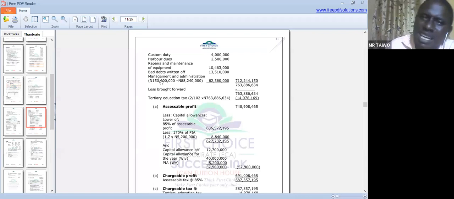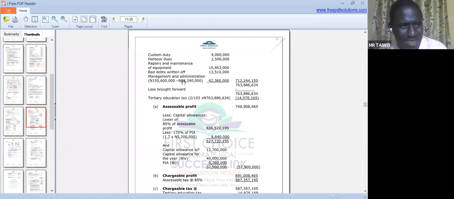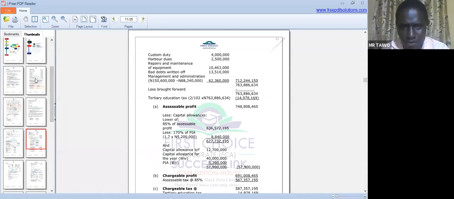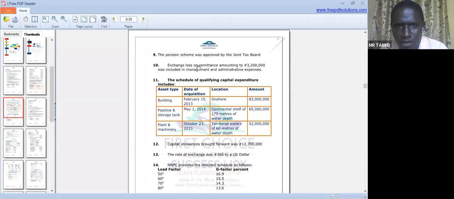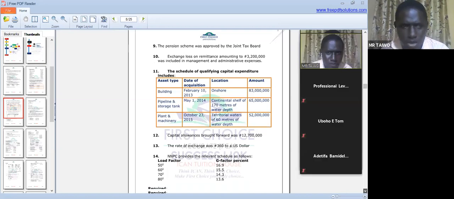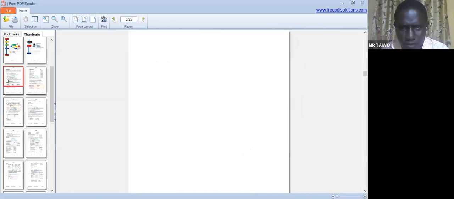Management and administrative expenses. You know, the management expenses were actually inclusive of expenses that are related to the refining of the petroleum operations. Look at it. They put it somewhere there in the notes. Let me try to look for it.